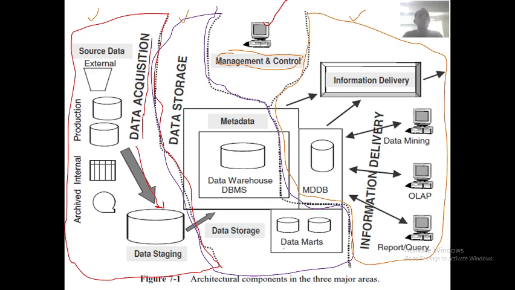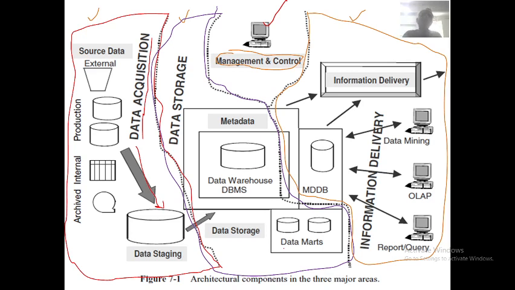This is another group, and the last group is the information delivery system. In this information delivery, we have various tools and this MDDB. Things like query reporting, OLAP, and data mining tools come under this information delivery system.